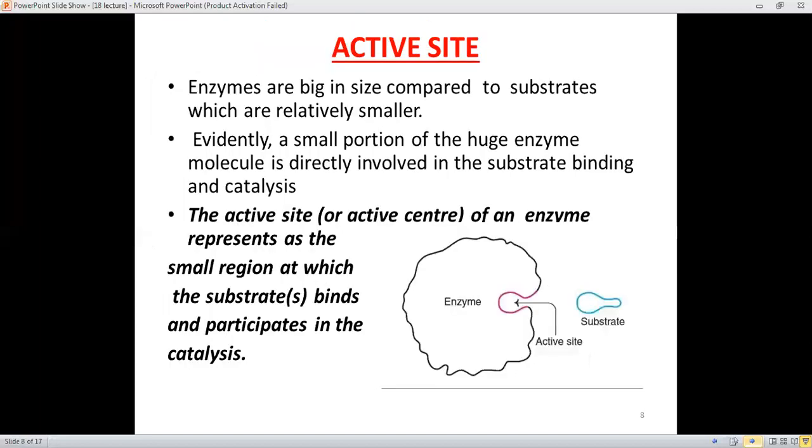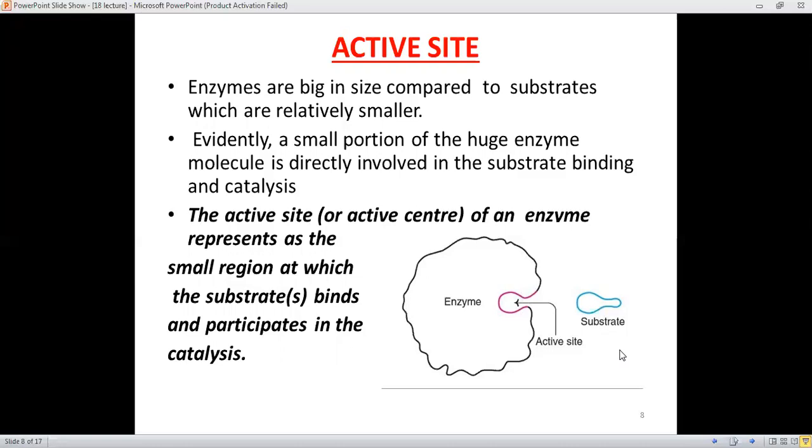And next is the active site. No doubt the size of the enzyme is very big as compared to the size of the substrate. Like here is the big size of the enzyme, the active site is a smaller one, and also the substrate is a smaller one, and therefore a small portion of this huge enzyme, the active site, is directly involved in the binding of the substrate to the enzyme for the catalysis.